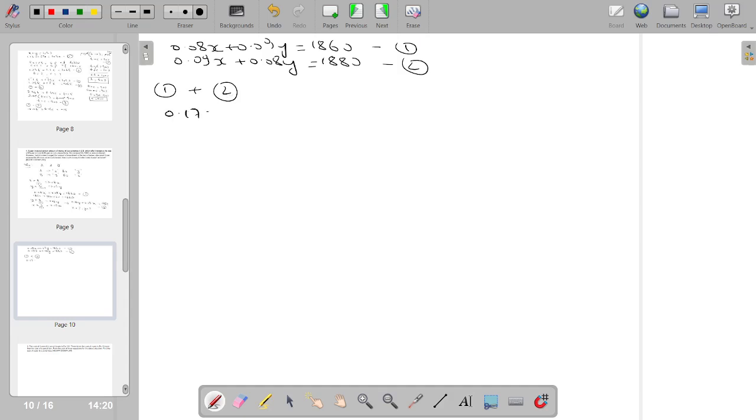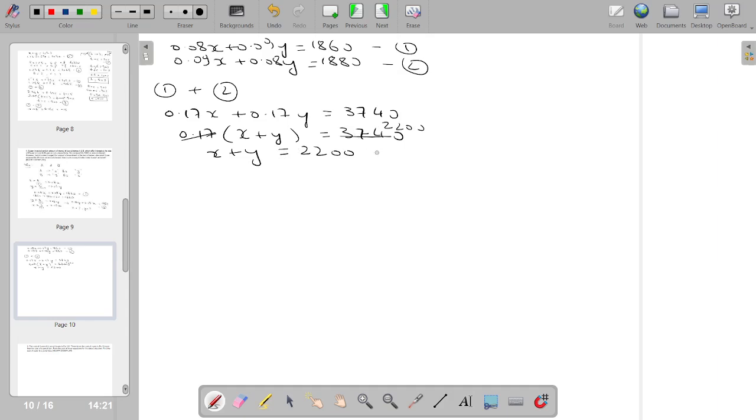So I will get 0.17x plus 0.17y is equal to 3740. 0.17 is the common factor, so 0.17 times x plus y is 3740. So x plus y is 3740 divided by 0.17. This is equation 3.